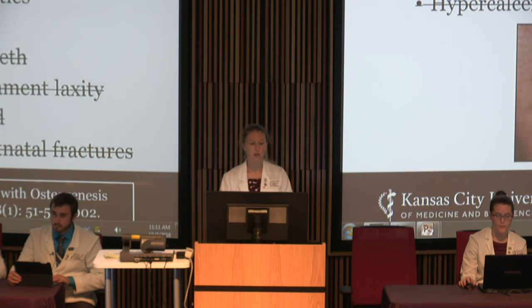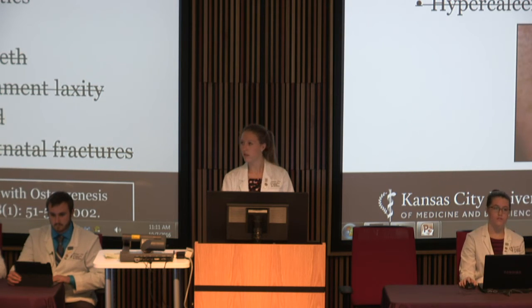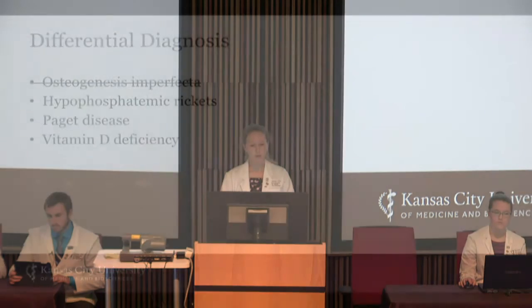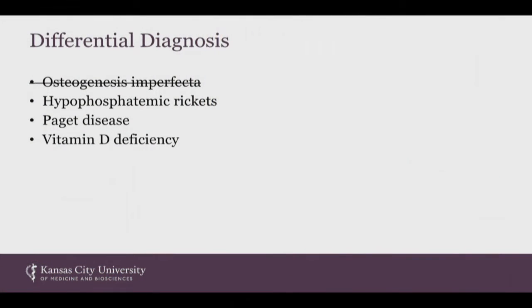In patients with osteogenesis imperfecta, the whites of the eyes or the sclera are blue, which you can see in this image. The only consistent clinical manifestation of our patient is the brittle bones, as indicated by the frequent fractures. Therefore, osteogenesis imperfecta is an unlikely diagnosis in this case.